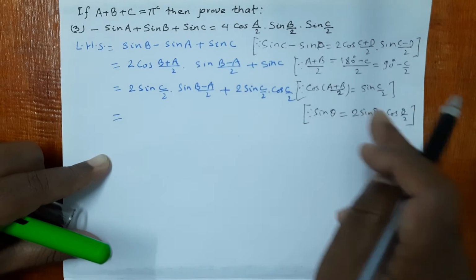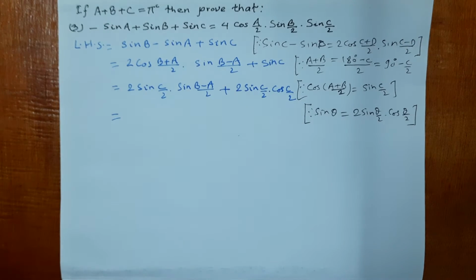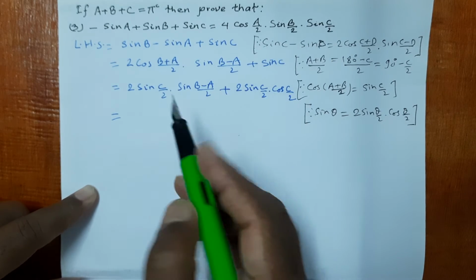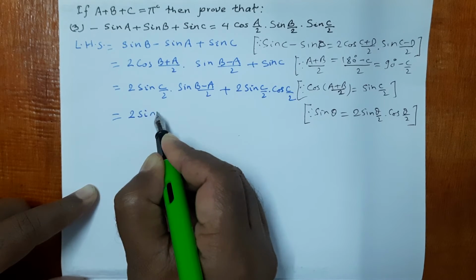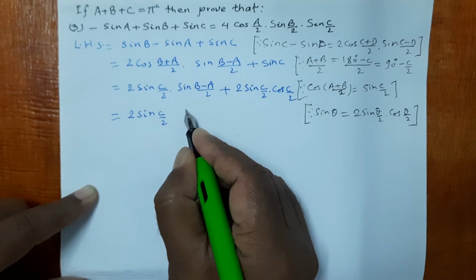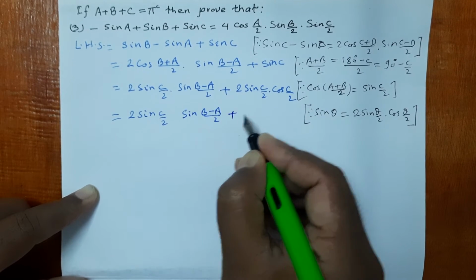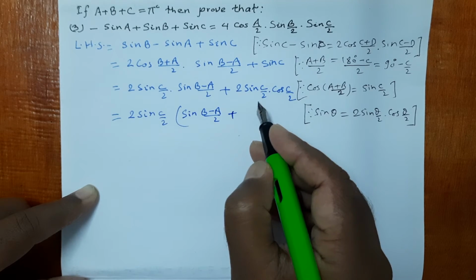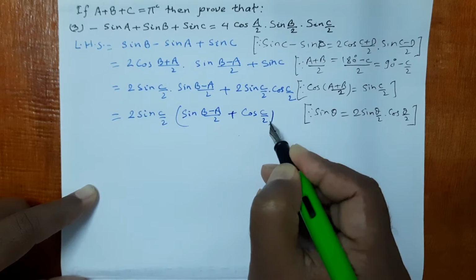Okay, so using that formula, we have written sine c equal to 2 sine c over 2 cos c over 2. And now from these two terms, we can take out 2 sine c over 2 common, and we have here sine b minus a over 2 plus cos c over 2.